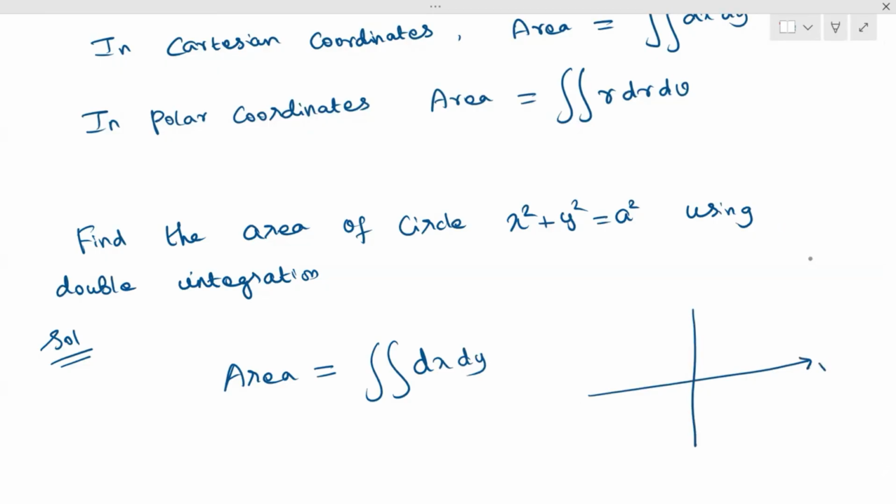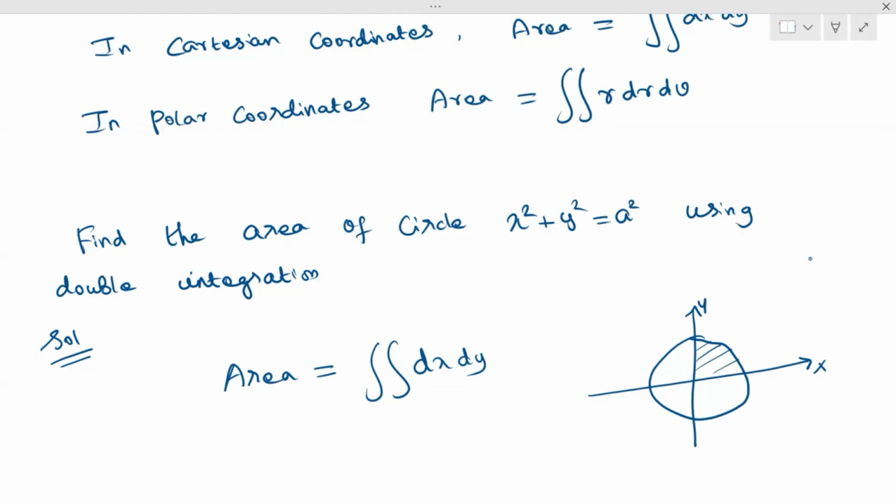Okay, draw the diagram for the circle. Here, the center is the origin and the radius is a. Our circle has 4 parts. Now we consider only the first part, which lies in the first quadrant, which is easy for us.